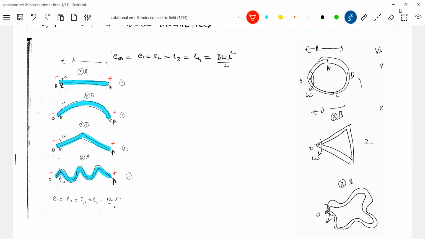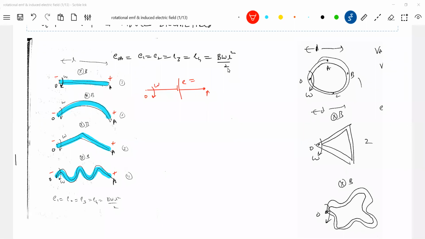So can you replace this with an equivalent cell? Yes, it is equivalent to a cell. Now the effective length: again, look at the charge particle present at O, it will get drifted.